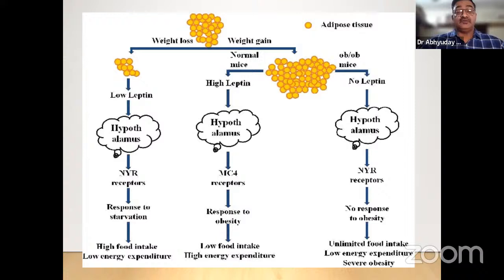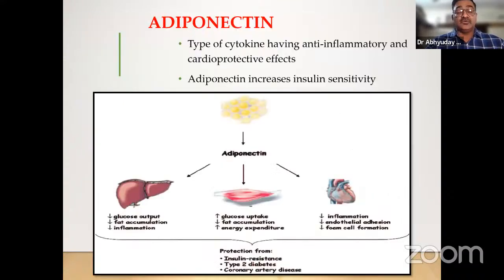And this is what happens in obesity, that the person goes for unlimited food intake and low energy expenditure, leading to increased or severe obesity. So sometimes leptin increases to control the weight, but then there is a leptin resistance which makes the person more hungry, because of the resistance it cannot take care of the satiety center.